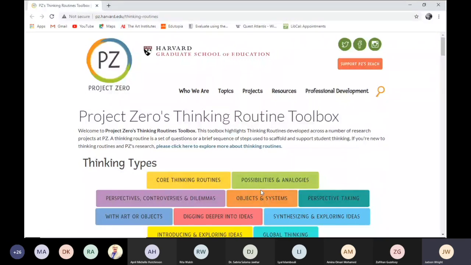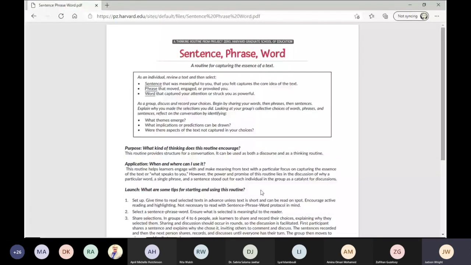And when you go into the individual routines, for example, sentence, phrase, word, they break down examples of here's why we do this routine, here's when and where you can use it, here's some tips for starting it out. So they've done a really nice job of supporting teachers or anybody with using these routines. And I will say, like anything, it takes a little bit of practice to get right.